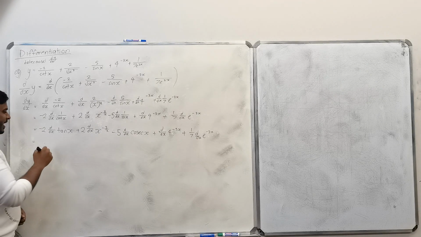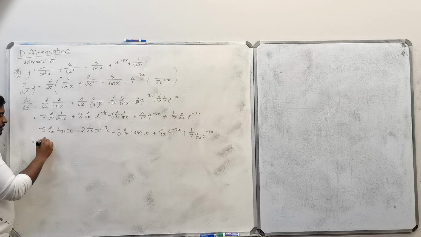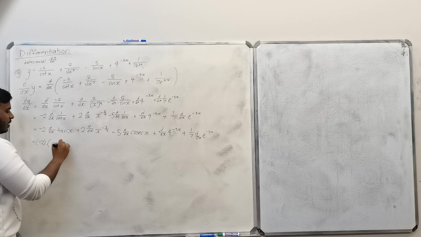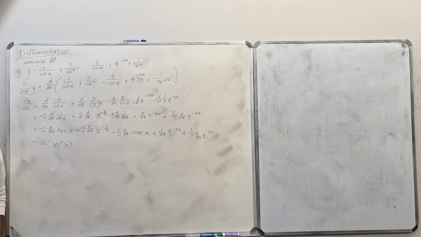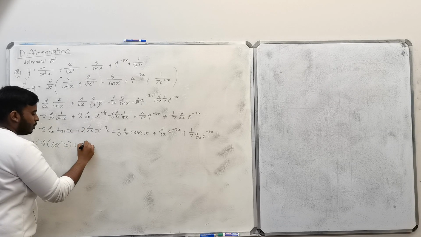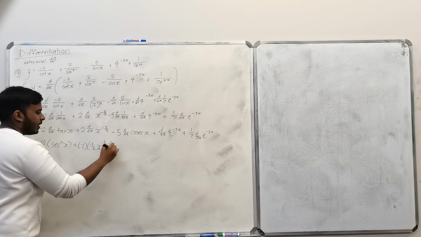Okay. Cool. Now, here, minus 2 times d over dx of tan x, sec squared x. Cool. Here, you're going to end up with 2 times negative 3 over 2 x to the power minus 3 over 2 minus 1.